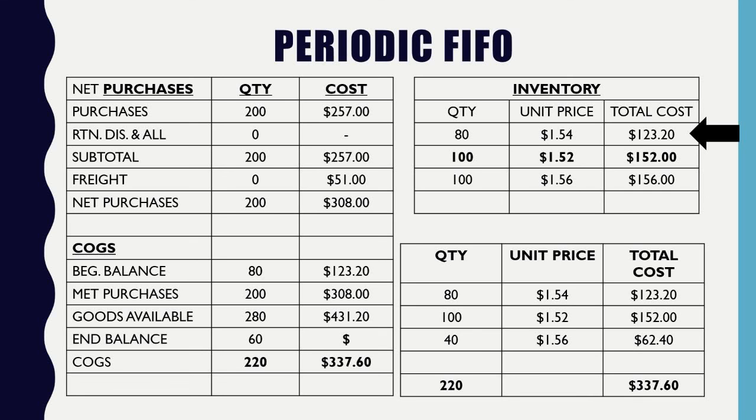Now I'm going to look at how to calculate my cost of goods sold. If I know I'm supposed to have 60 items at the end of the day, I should be able to figure out that if I started with 280 and have 60 left, I sold 220 items.